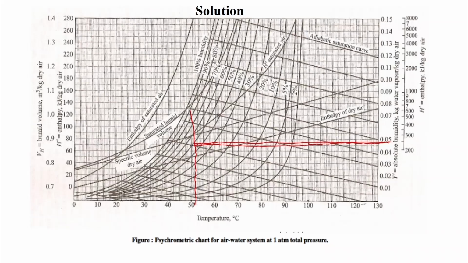From here if we follow the adiabatic saturation line, we will be getting the temperature. Let us take Ts1 to be 40 degree Celsius. So, for Tg1 equal to 52 degree Celsius with y1 equal to 0.0452, we have Ts1 equal to 40 degree Celsius.